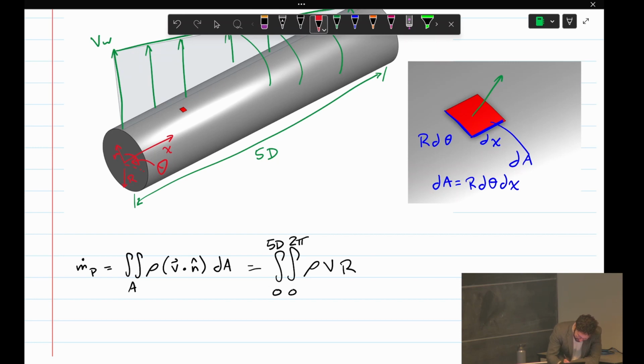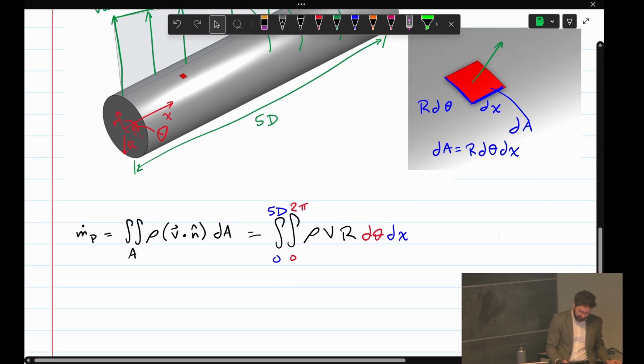I'm actually going to draw these in color just so it's a little bit clearer. If you remember from doing double integrals before, the bounds correspond to our two d terms. So in theta, we're integrating from 0 to 2 pi, and in x, we're integrating from 0 to 5d.